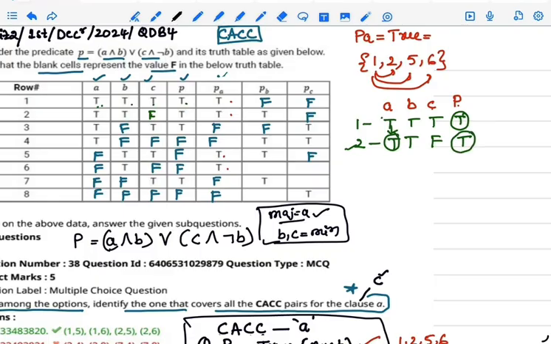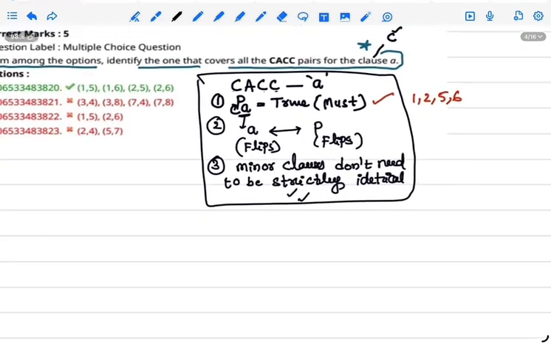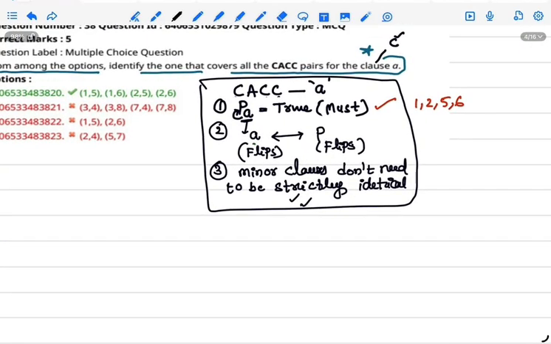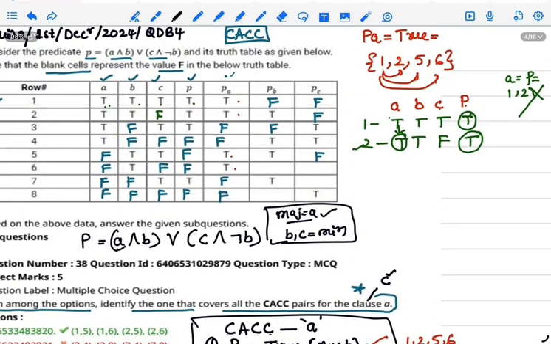Same values, that is A is the same and P is the same in 1 and 2, so this is not a pair. The condition is that if A flips, P also flips. Minor clauses do not matter whether they are identical or not.